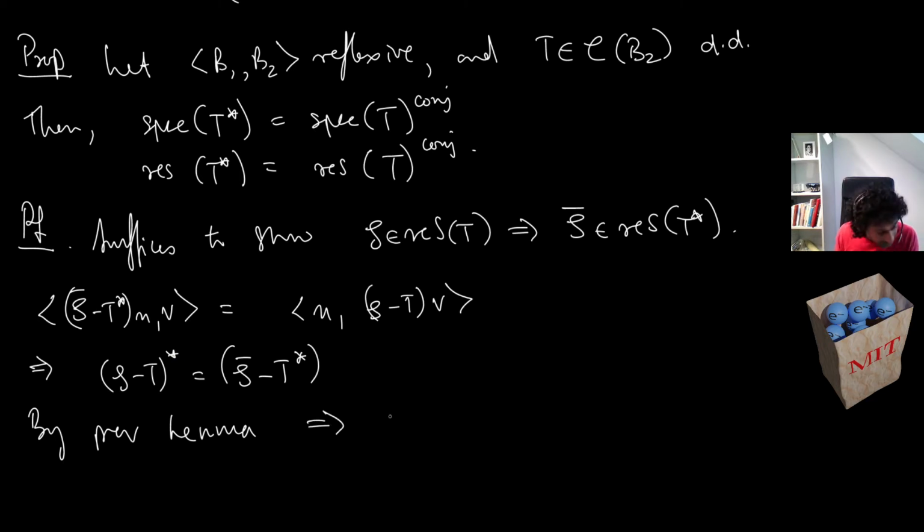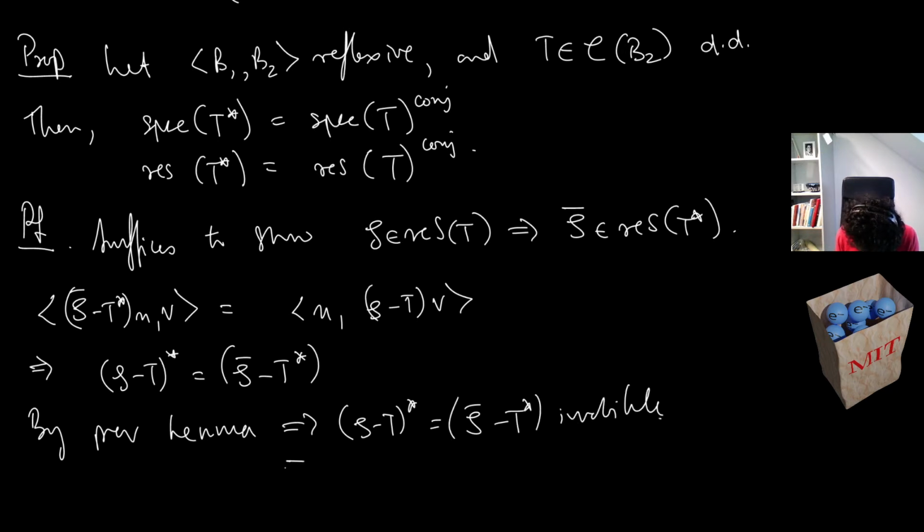So by the lemma we get that zeta bar minus T star is invertible. And that precisely means that the complex conjugation of zeta is in the resolvent of T star.